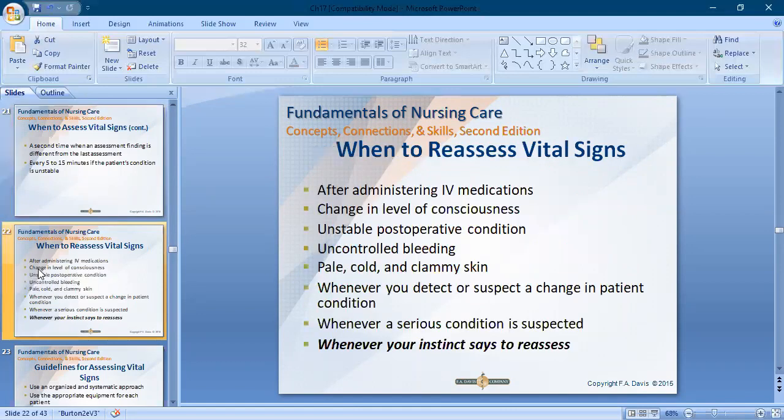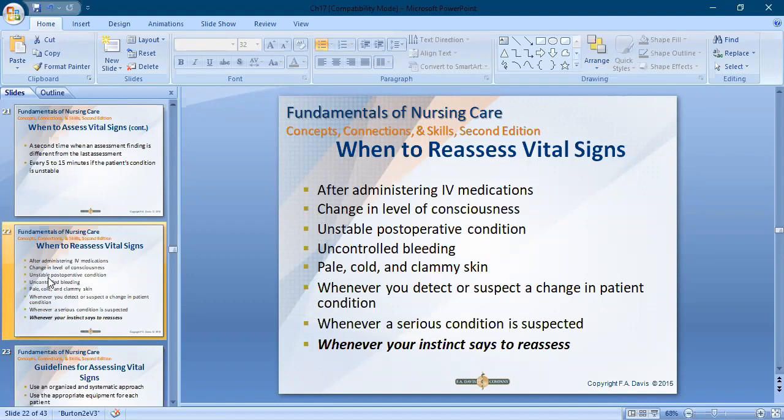So when do we reassess the vital signs? What are the unstable conditions? We have to reassess the vital signs after the administration of IV medication, intravenous. Also a change in level of consciousness, if your patient goes from semi-conscious to totally unconscious, right? So we have to check. Unstable post-operative: a post-operative patient is very unstable, so we have to monitor.